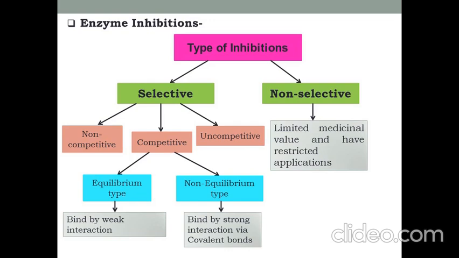Selective inhibition is again classified into three types: non-competitive, competitive and uncompetitive. The competitive type is again classified into two types: equilibrium and non-equilibrium.